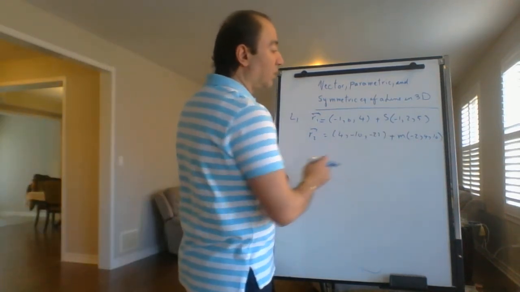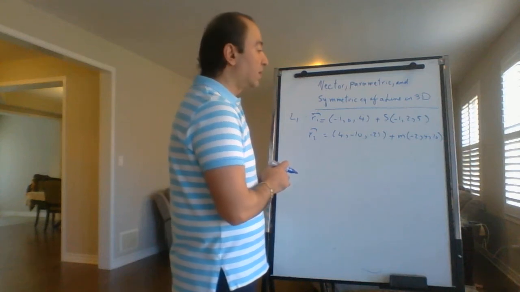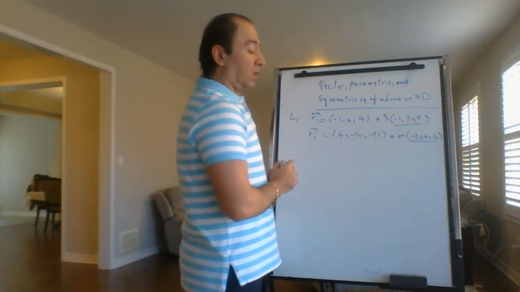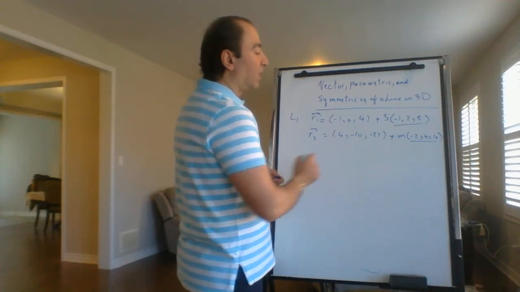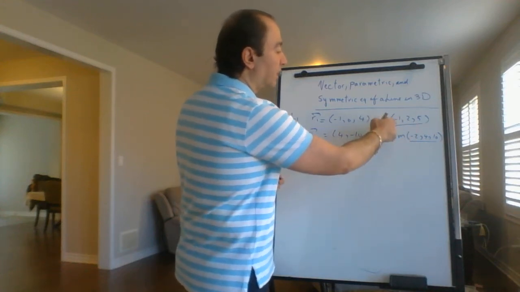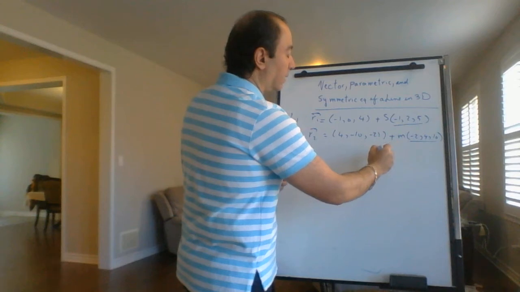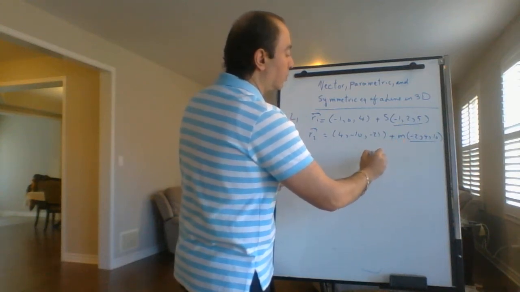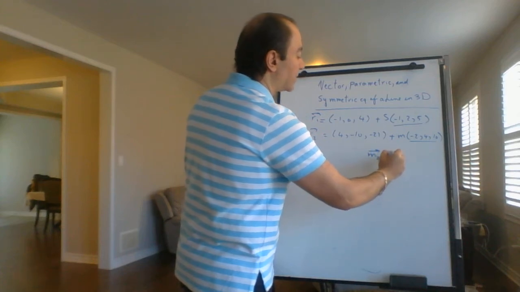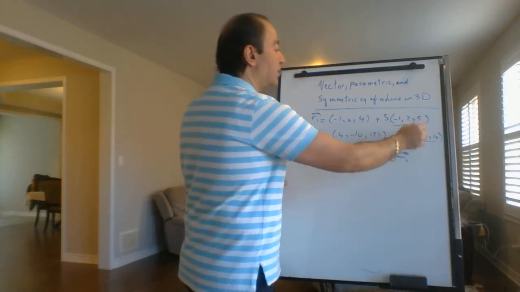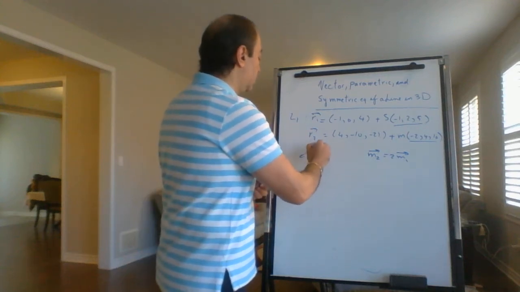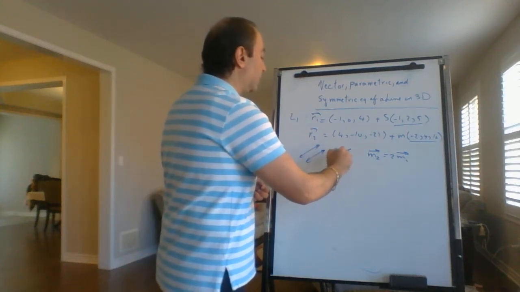The first thing, when we want to determine the relationship between these two lines, we look at these two direction vectors. We will find that one is a scalar multiple of the other, like m2 equals 2 times m1. So either these two are parallel or they are the same line.